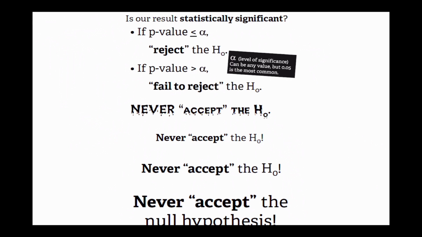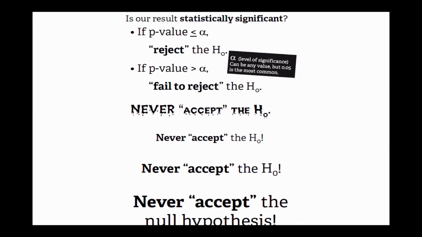We either reject the claim. Nope, Mr. Flores, you are wrong. It's not 3.2. The true GPA is not 3.2. That's rejecting a claim. I reject that claim. Or if our p-value is too high, greater than alpha, we say, Mr. Flores, I don't know if you're right or wrong. I just don't have enough information to say you're wrong. That's failing to reject.